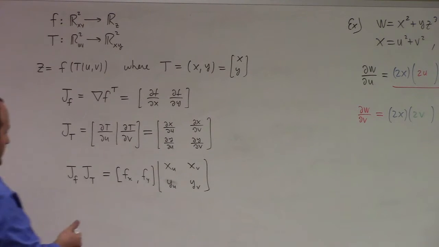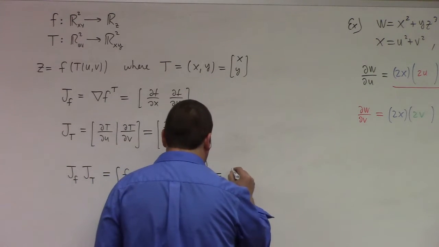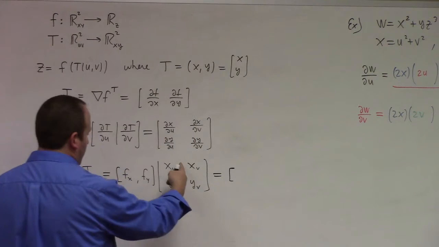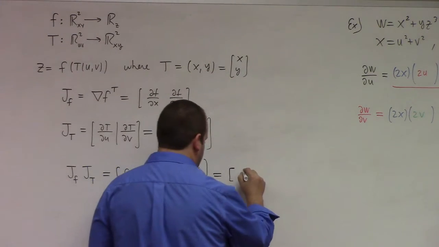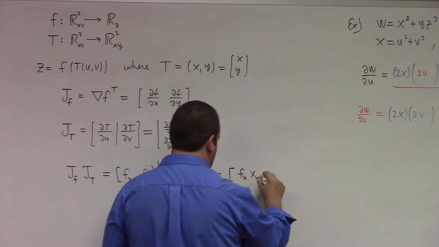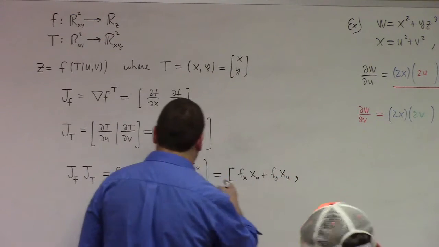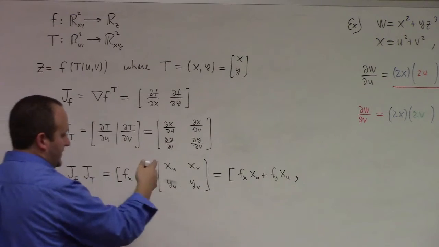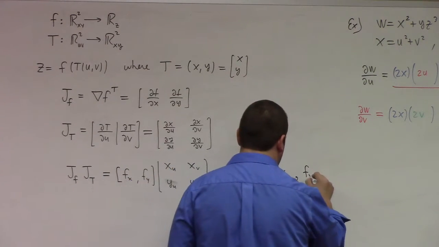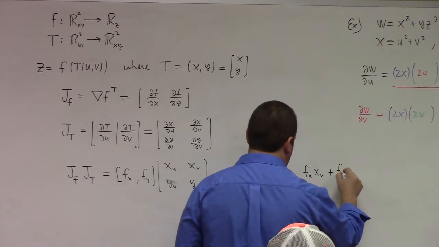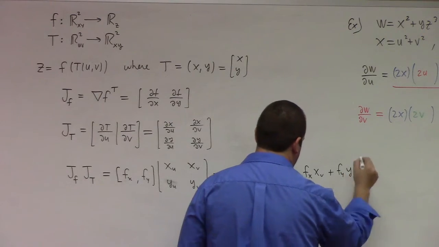You guys may or may not know how to multiply these matrices, but if you do, the first thing I get is fx xu plus fy yu, and then the second thing I get is fx times xv plus fy times yv.